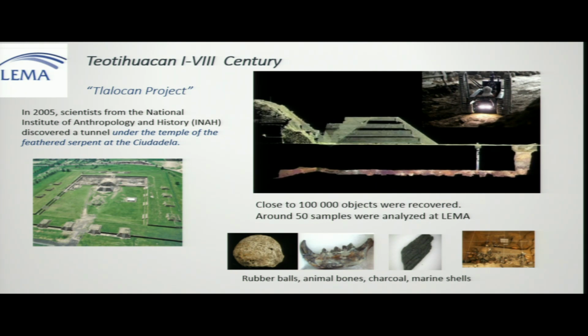They have so far recovered more than 100,000 objects, and they brought us about 50 samples. The objective of this study was to know when the tunnel was built, for how long they used it, and when it was closed. Some of the samples that we analyzed are shown here. For example, rubber balls, animal bones, charcoal, and marine shells.